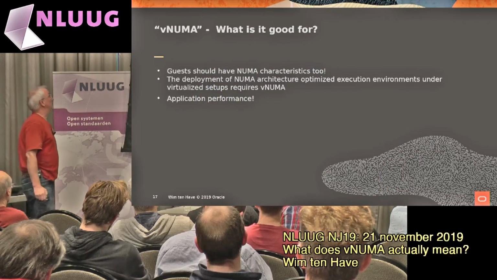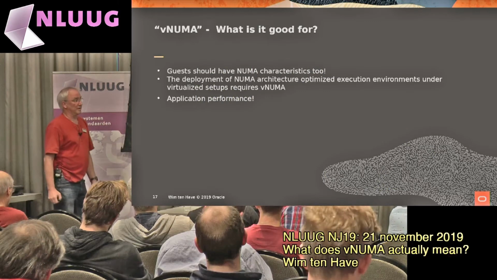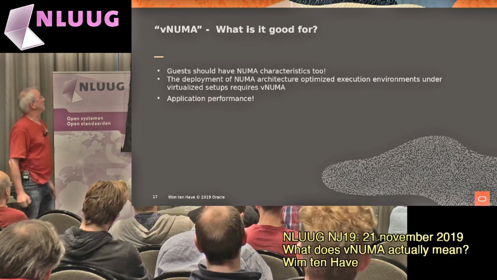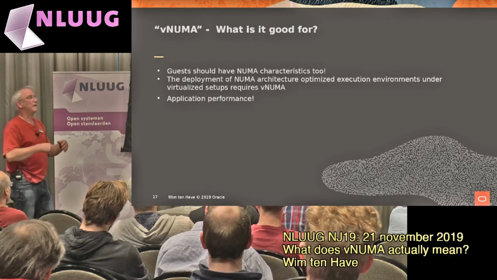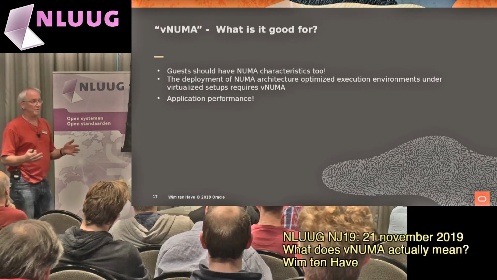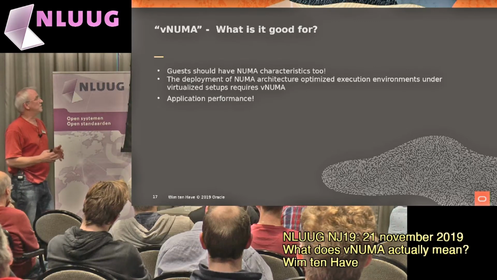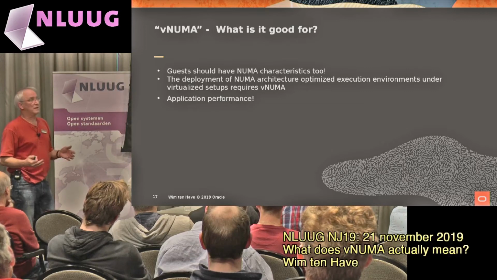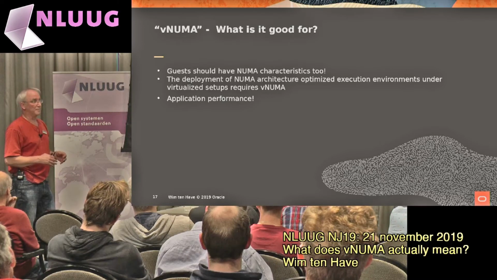So what is it good for? Well, vNUMA, this is the problem. We have software, like Oracle, with big database engines, and this software outgrew the UMA architectures. NUMA came into the game. The software was molded in a way that it did fit the NUMA architecture.